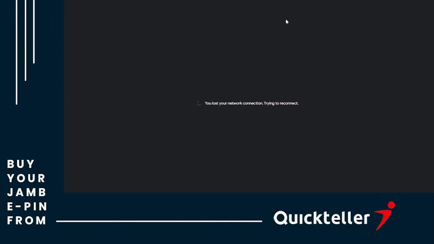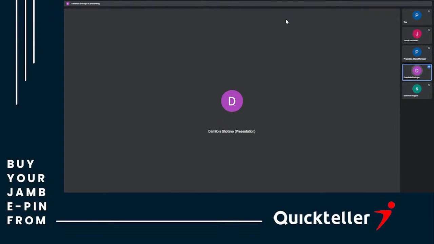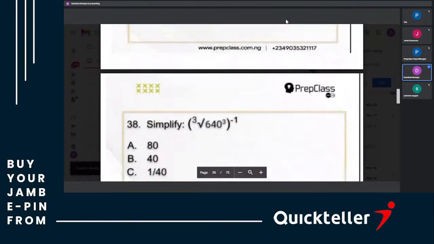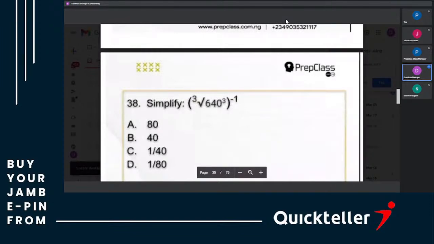Do you mean logarithm? Yes. Okay, Jamb will not give you questions that will need a logarithm table. You mean questions on log 5, log 25?